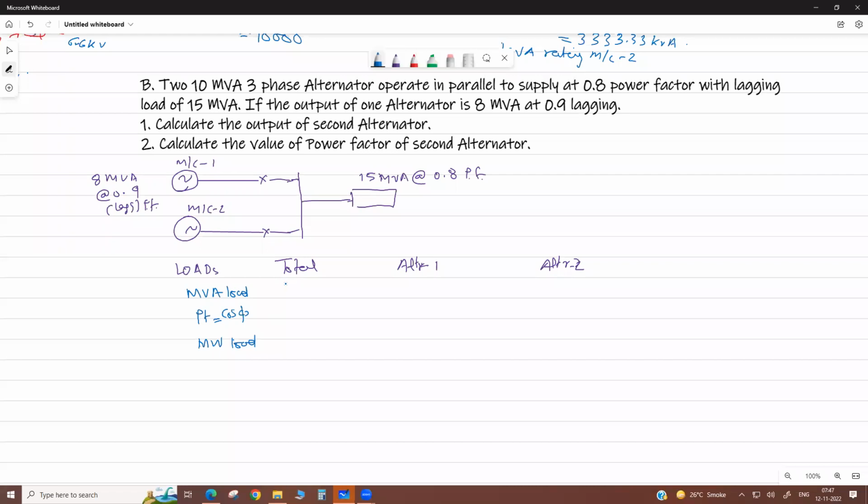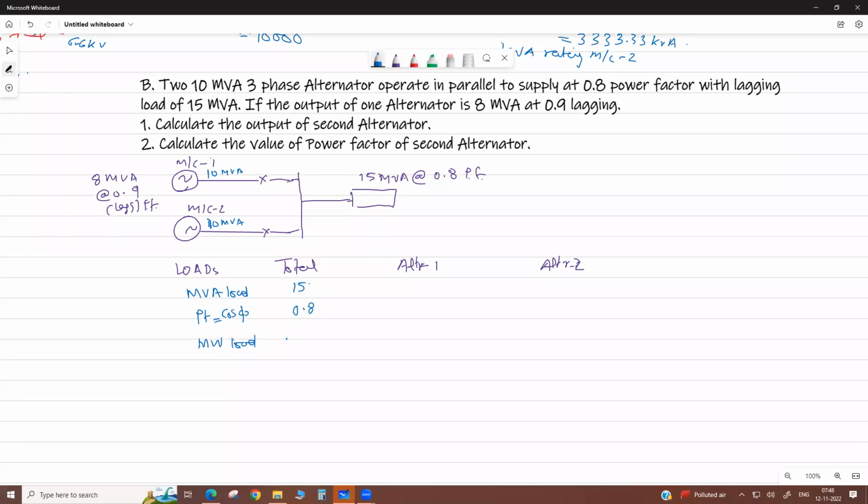So see here, the total load is 15. Now if each capacity is 10 mega volt ampere, how much can they share jointly? Combined, the full load rating capacity of the system is 20, but the actual load is 15 MVA with power factor 0.8.